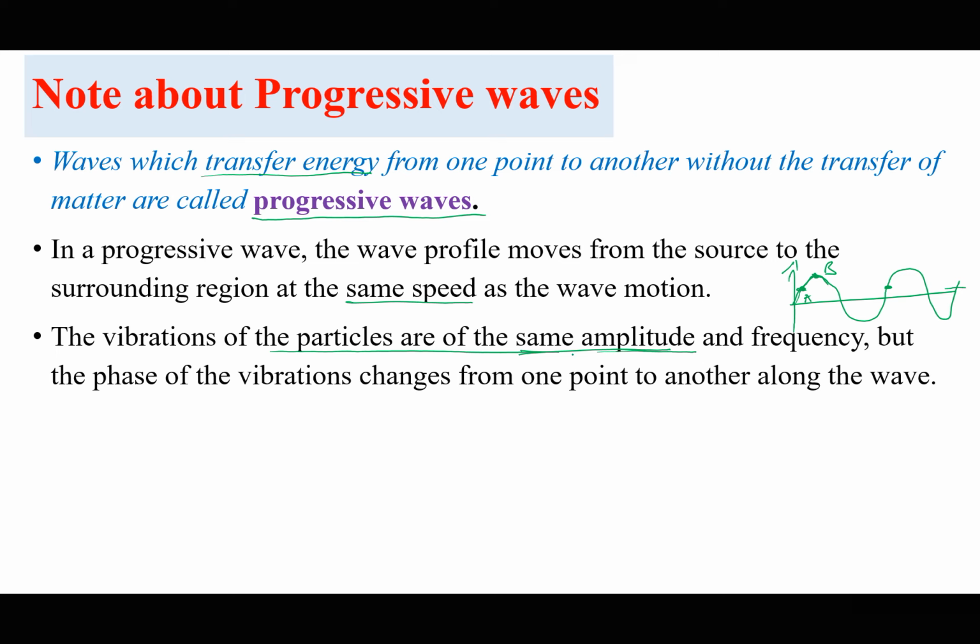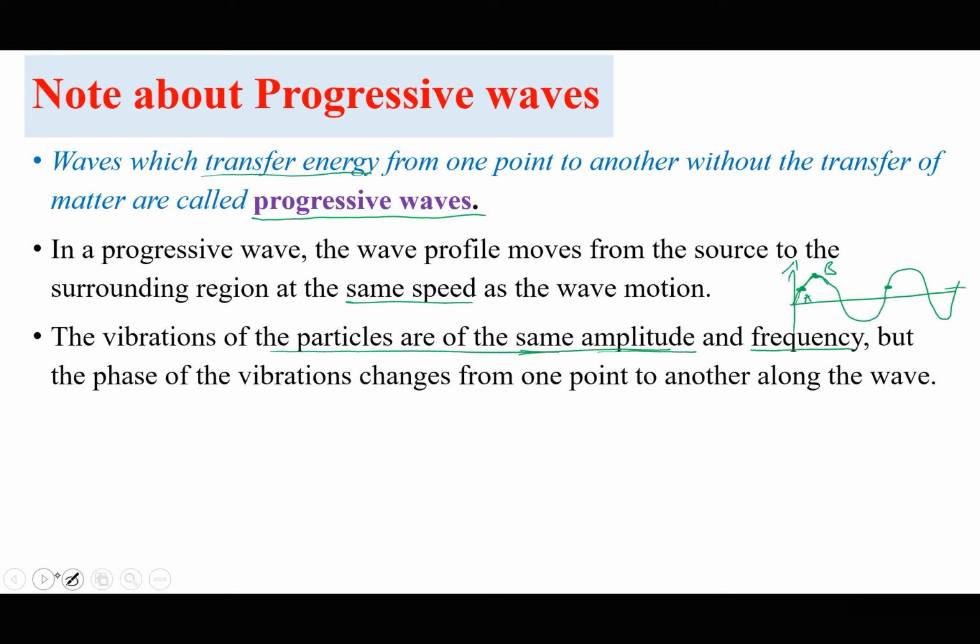That's why we say they have the same amplitude. And of course, they will have the same frequency. In other words, they will move up and down at the same rate. But the phase of the vibrations changes from one point to another. So the two neighboring particles, A and B, are not in phase. However, we shall later on see for stationary waves that two neighboring particles are always in phase as long as they are between two nodes.